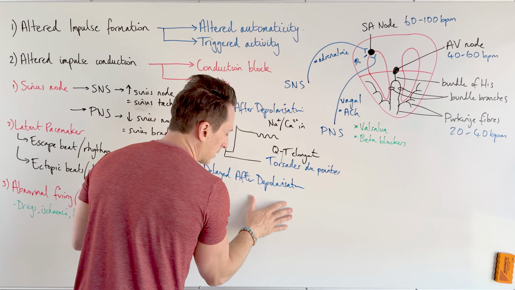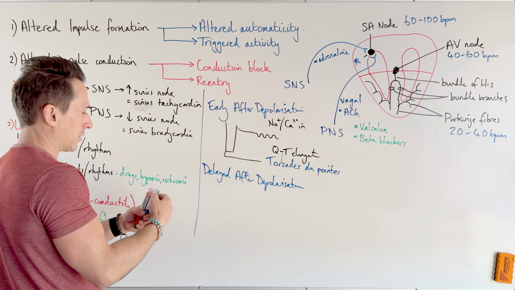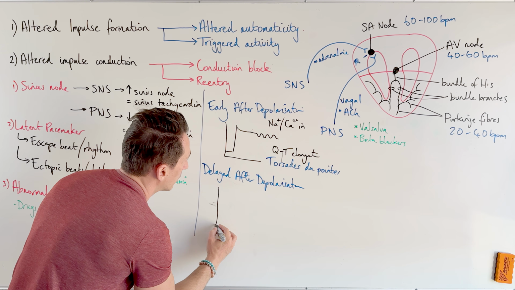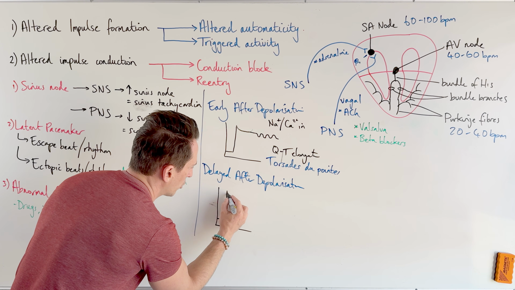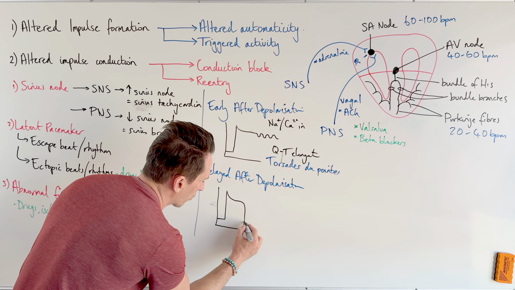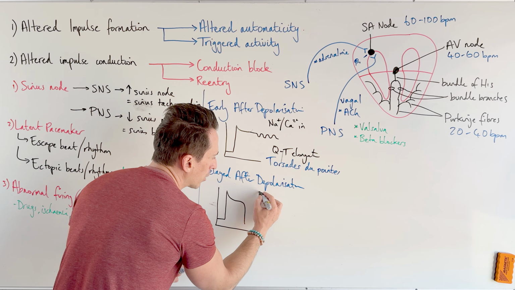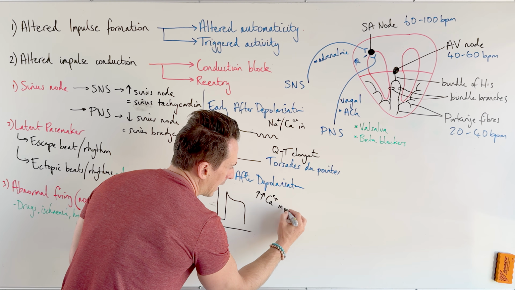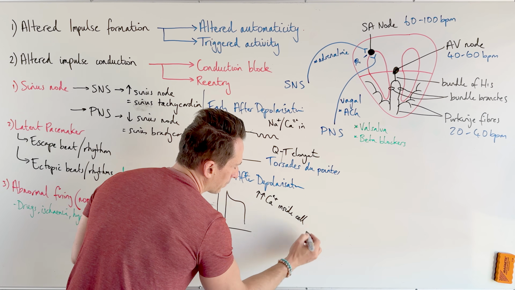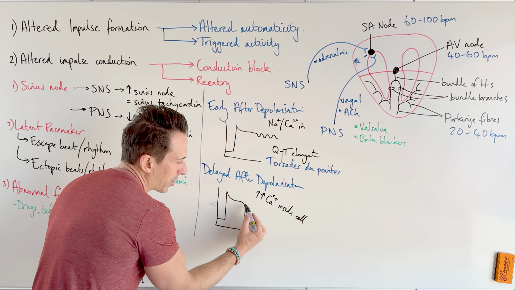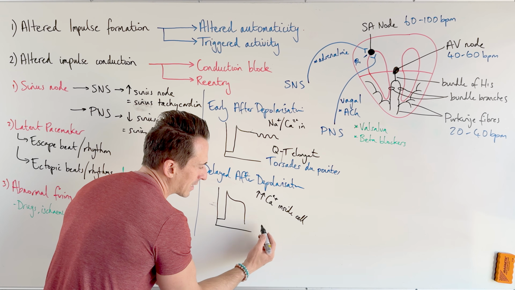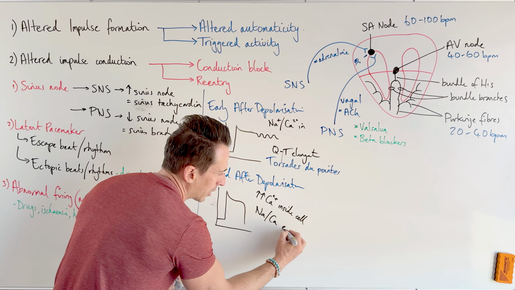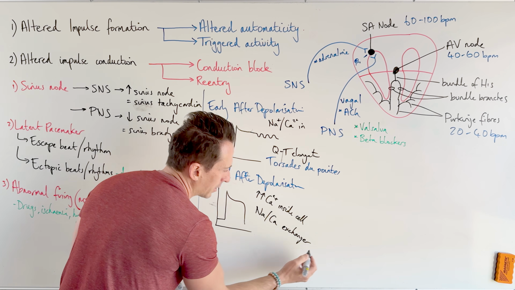Now delayed afterdepolarization is different because what's happened is this. You've had the action potential, it goes down and now it's repolarized. But here's the thing, if you've got too much calcium inside the cell, what happens is that it's repolarizing, but there's too much calcium inside the cell, so you activate a sodium-calcium exchanger because it says, oh, I need to get this calcium out.